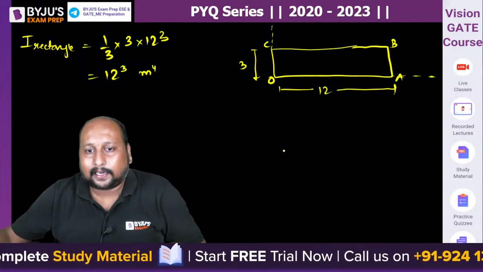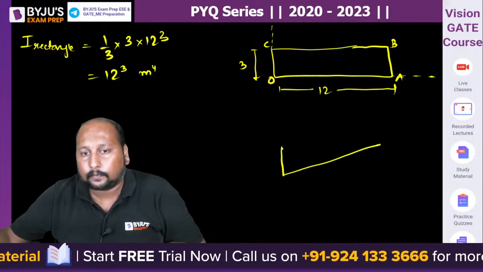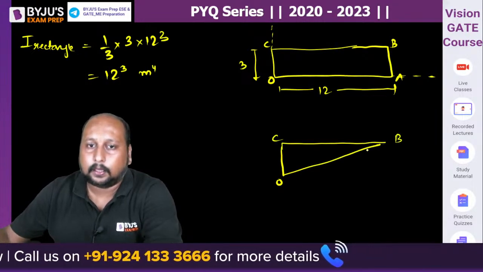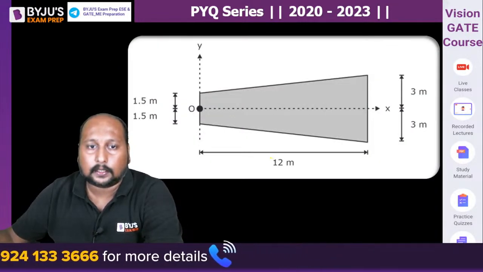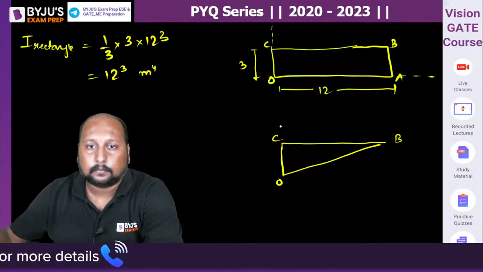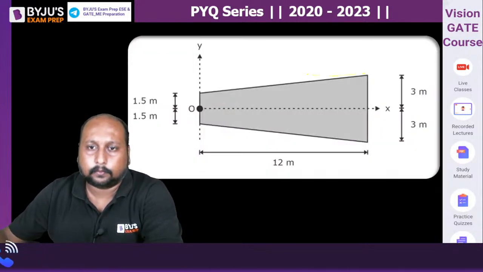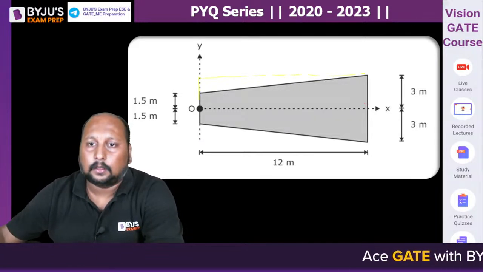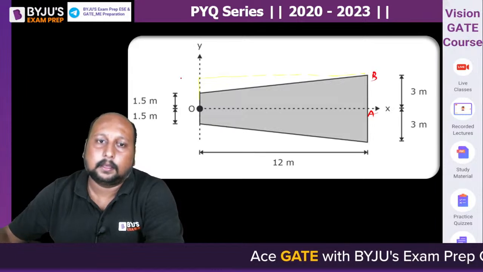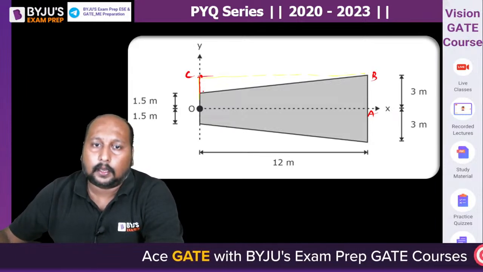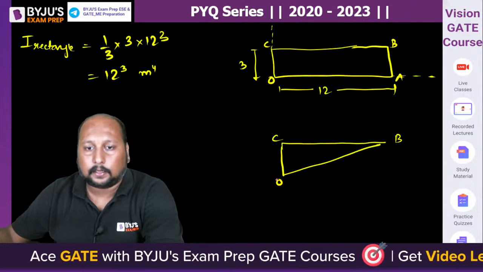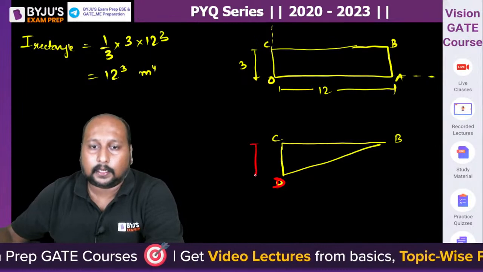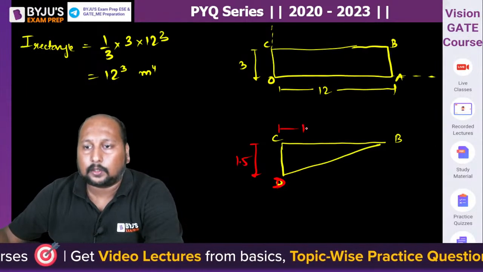If I talk about the triangle portion, the triangle was something like this. This is O, this is C, this is B, and if I say this is D, so we have D, B, C. This height is 1.5, this length is 12 meter.